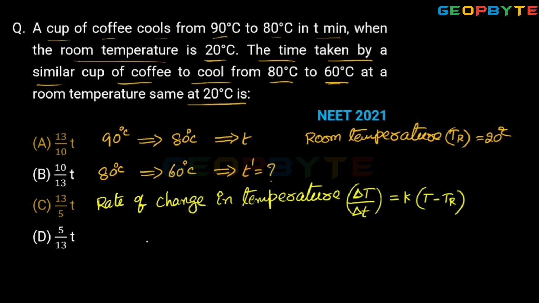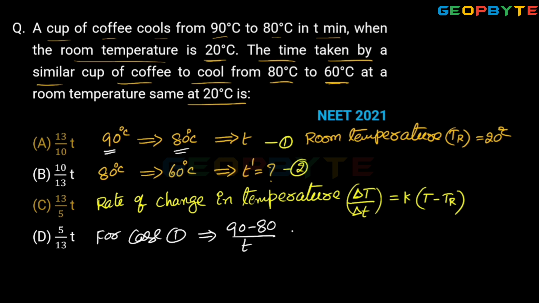Now delta T, for the first case, let this be case 1, case 2. For case 1, delta T means 90 minus 80. 90 minus 80 divided by the time required T is equal to K into, here this T must be the average temperature, T average.